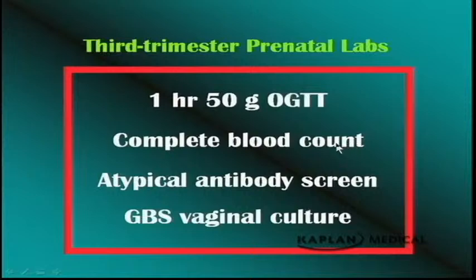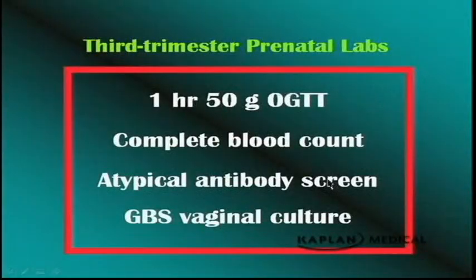This is done around 28 weeks. We're going to do an atypical antibody screen to see if the woman is isoimmunized before giving her Rh immune globulin to prevent isoimmunization. And at 36 weeks, we will do a group B strep vaginal culture to determine whether we need to give prophylactic penicillin in labor.